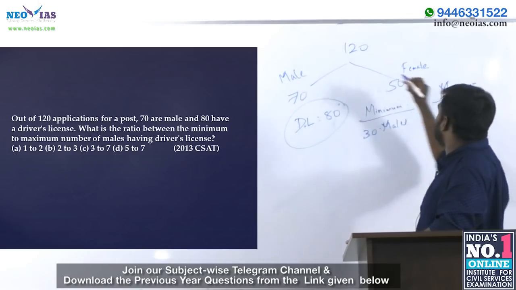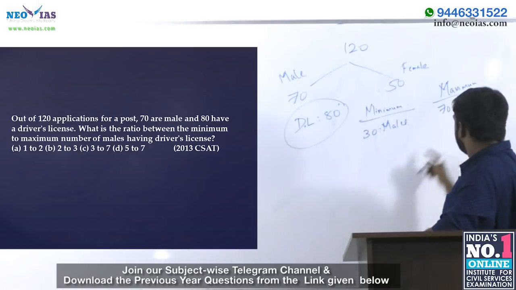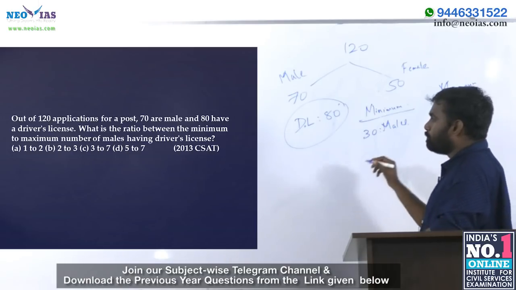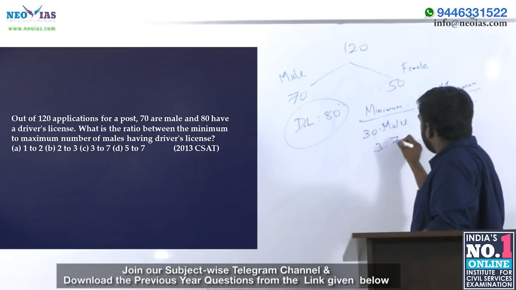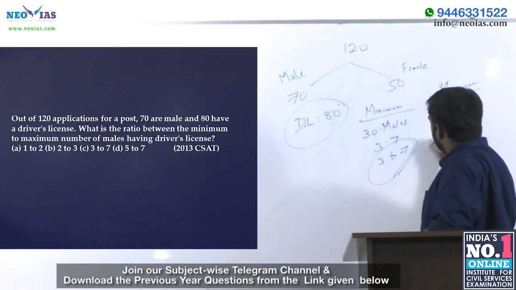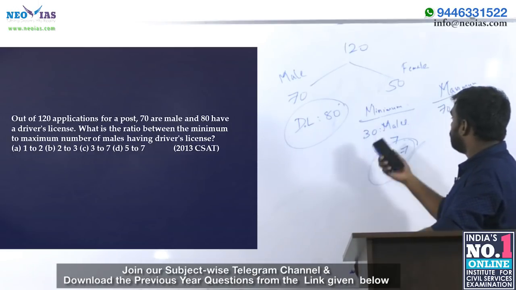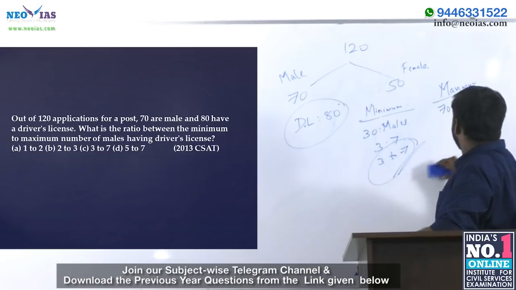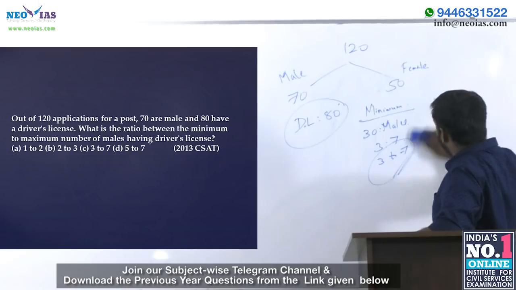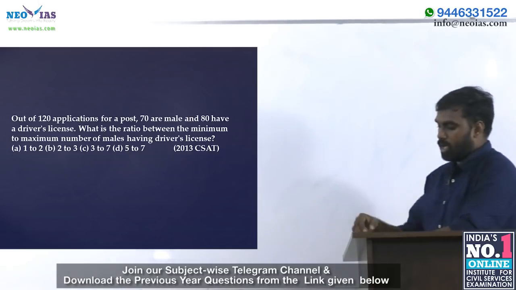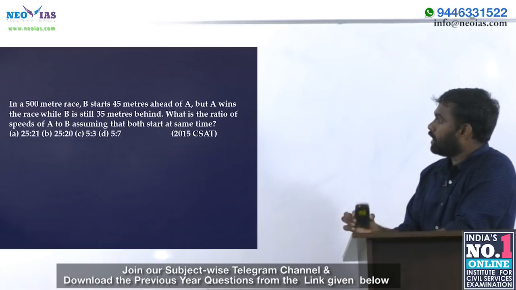So all the males will get the license. So 70 is given to males. So what will be the ratio? 3:7 will be the ratio of minimum to maximum number of males having driving license. So that is the basic idea in the question.